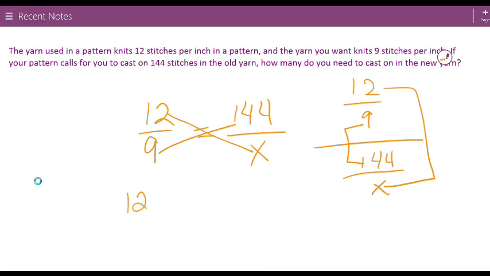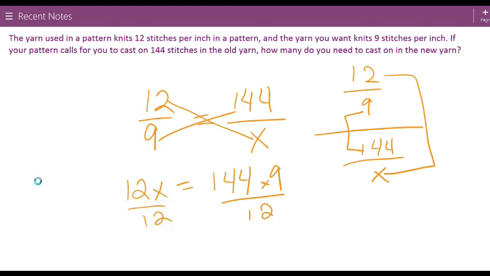So 12x equals 144 times 9, and then you would divide by 12 and divide by 12.